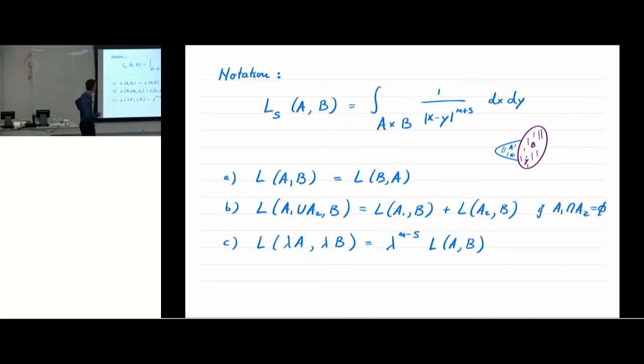It also has a nice scaling property: if I dilate both sets A and B by lambda, I pick up lambda to the n minus s. So this is a property of the non-local s-perimeter. If I dilate the picture by lambda, then the s-perimeter gets dilated by this factor.